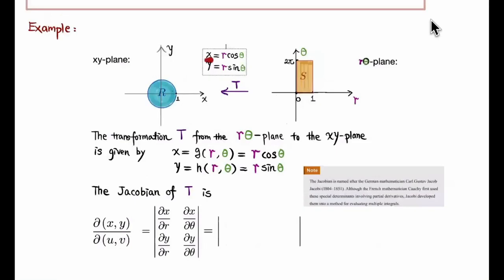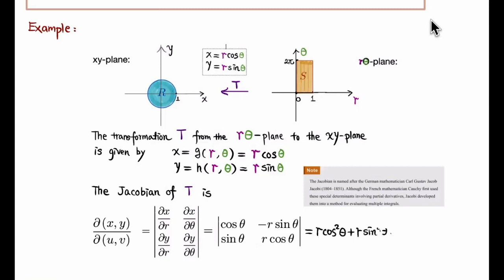The partial derivative of x with respect to r is equal to cosine theta. The partial derivative of x with respect to theta is equal to negative r sin theta. The partial derivative of y with respect to r is sin theta. The partial derivative of y with respect to theta is r cosine theta.